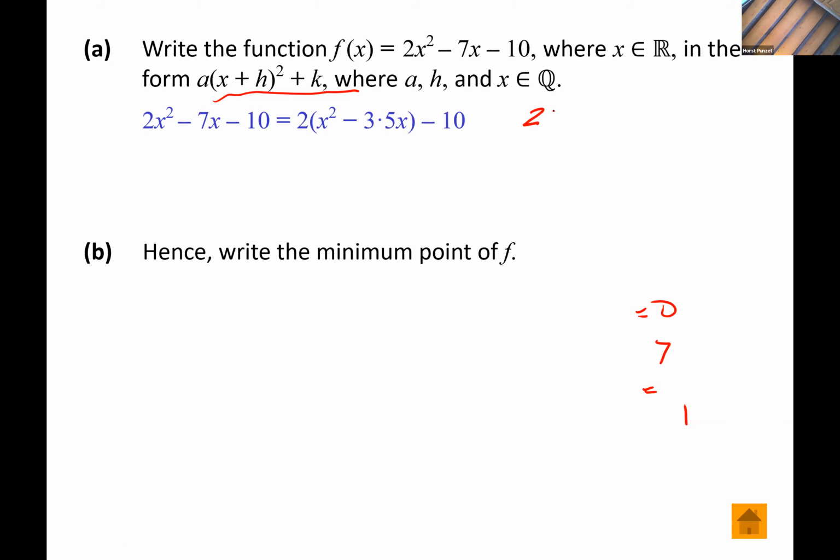So we can write it as 2 times (x squared minus 7 over 2 x), if you prefer to do it that way, minus 10. I, again, tend not to put that 10 in. I know some methods do it that way, but I like to keep it as an aside because in the end, that K is the variable at the end, and that's the one we're going to adjust according to what we're going to do with the other bits.